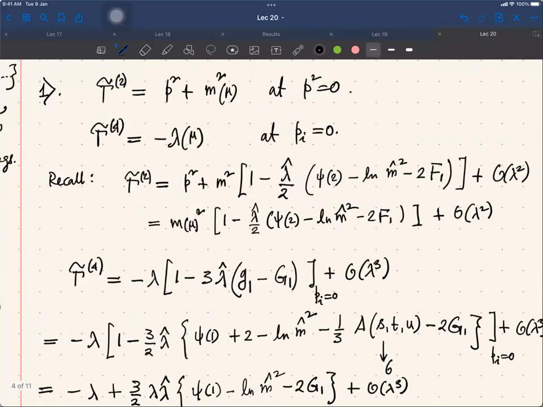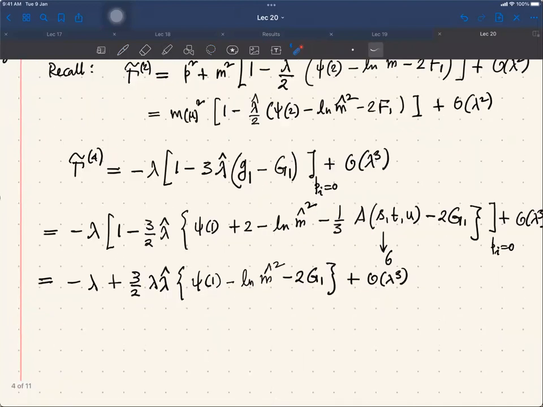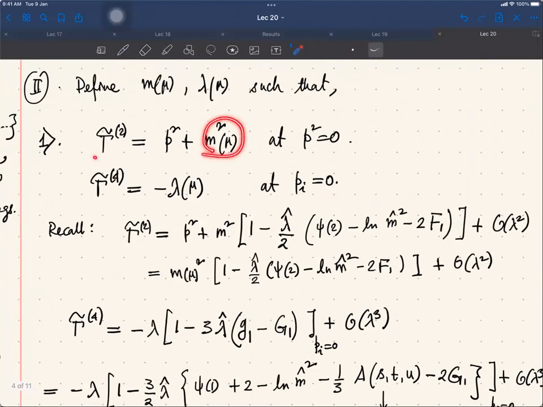Now the criteria that we are using here, which is that gamma tilde 2 should be m square at p square equal to 0, and gamma tilde 4 should be minus lambda at p equal to 0, pi equal to 0. So the first condition, that gamma tilde 2 should be m square at p square equal to 0, tells us that gamma tilde 2 should be, so this is what when we calculate p square.